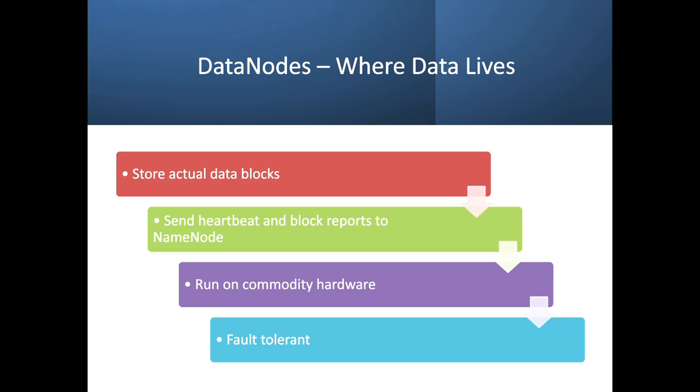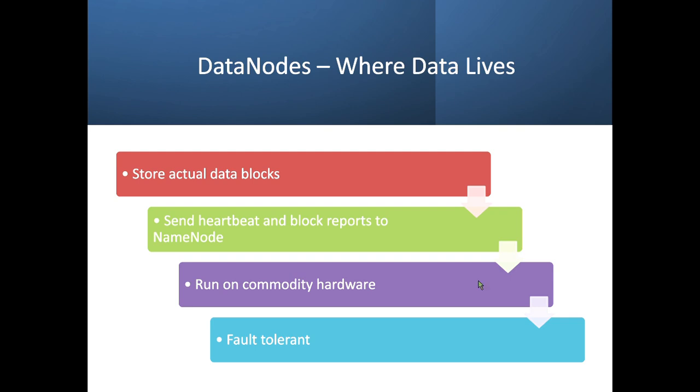These are running on commodity hardware, and if one fails, there is no need to worry. HDFS is built to handle that kind of failures. So as we discussed about data nodes, it has actual data blocks, sends heartbeat and block reports to name node, runs on commodity hardware, and is fault tolerant.